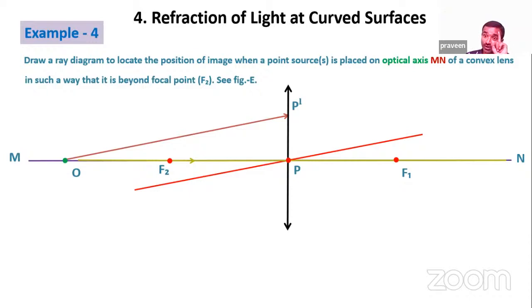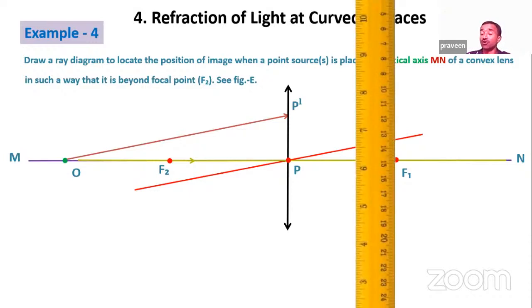In this case you only have to consider the red color line, because it does not match any situation. So the special situation: the imaginary principal axis is taken, parallel to the given light ray. Then draw the focal plane. Draw the focal plane through F1, not F2, through F1 for any lens. So draw a dotted line.